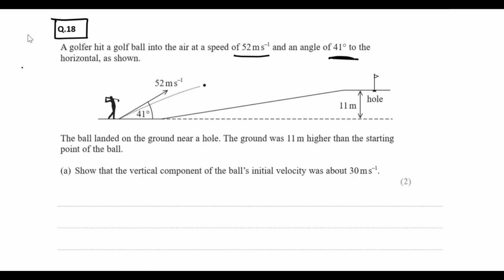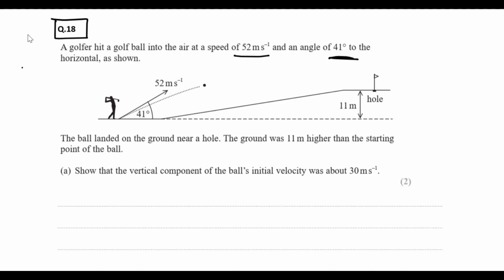The ball landed on the ground near a hole. The ground was 11 meter higher than the starting point of the ball. Show the vertical component of the ball's initial velocity was about 30 meter per second.